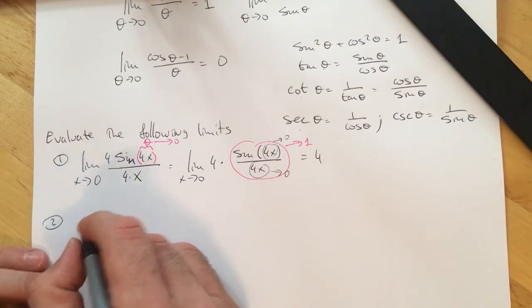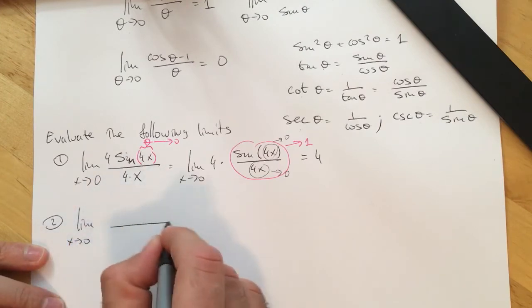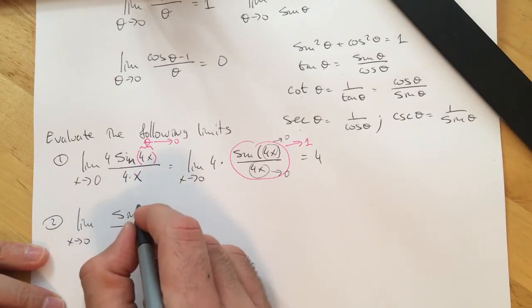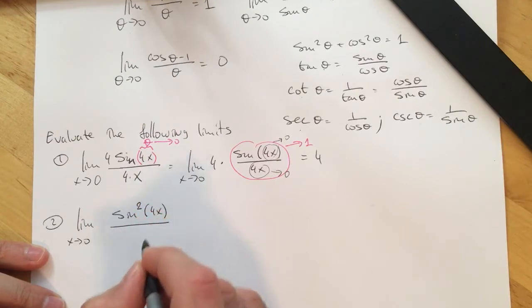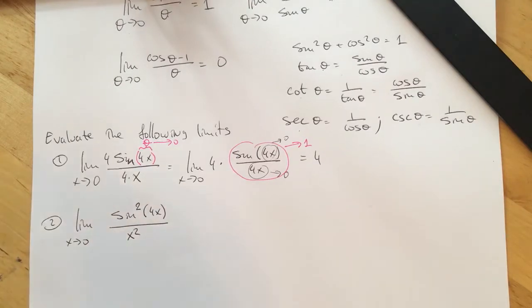Problem number 2 is the limit as x goes to 0 of sine squared of 4x divided by x squared. Now this is an easy problem.